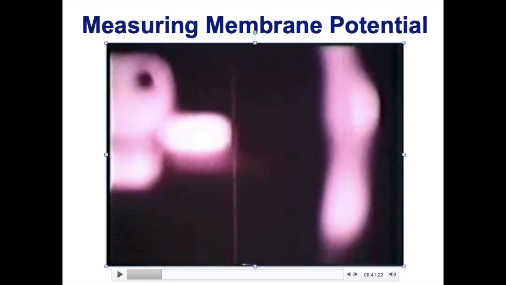So you use the glass cannula. It's not an electrode per se, but you use the glass cannula to stick it into the membrane of the axon.